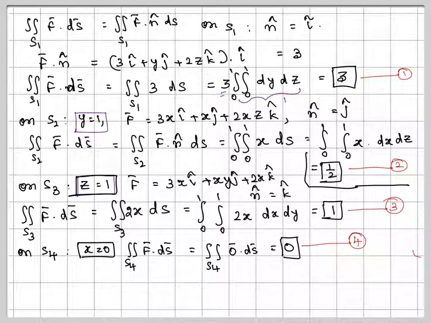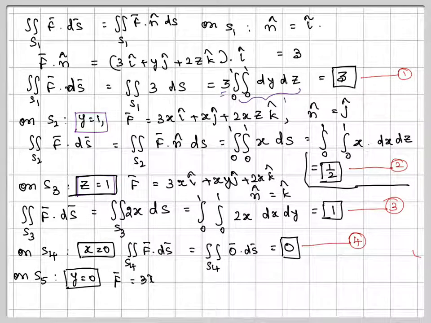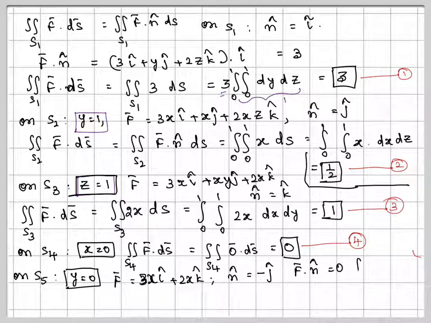So this value is going to be just 0. On S5, y equal to 0, we'll substitute that into F. So that will become 3xi plus 2xk. Then the unit outward normal is going to be negative j here. So F dot n is 0. Because of this, the integral value over S5 is going to be 0.